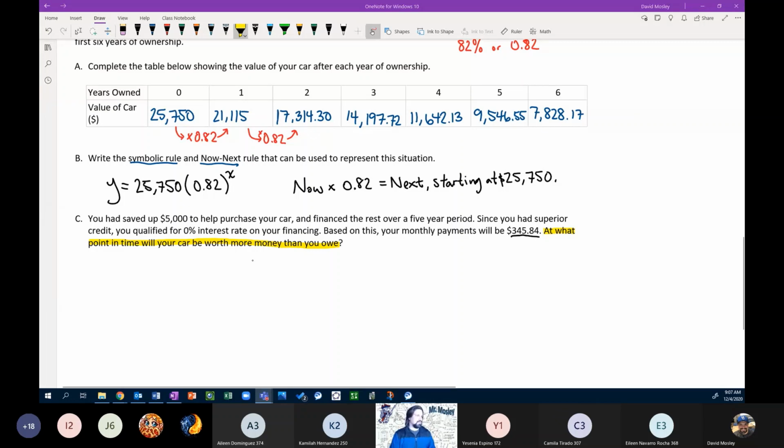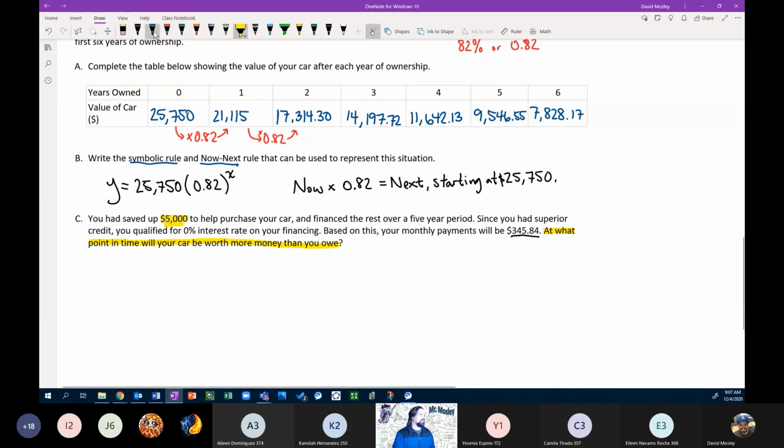Now, in the original problem, we had a start value of 25,750 for our rule. We saved up $5,000, right? And use that to lessen the amount that we're financing. So our start value becomes different.